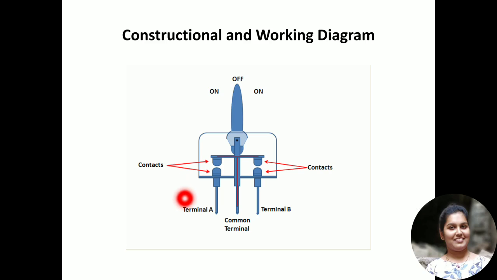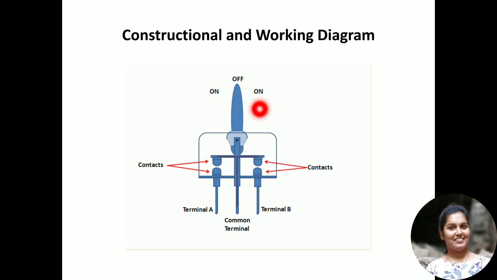Here I have taken the basic kind of toggle switch, where on the top side you can see our toggle switch is in the center. This blue thing is nothing but the handle or lever. When this is in the center position, this is nothing but the off condition.